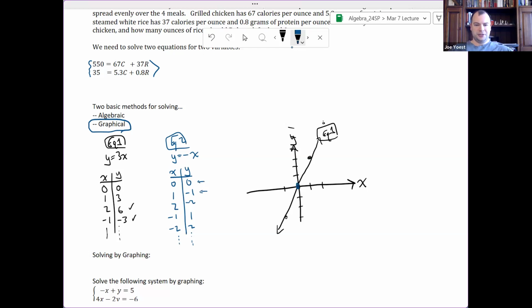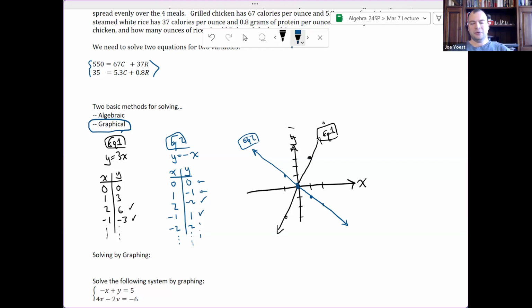It has another point on its curve, 1, -1. And this is equation 2. We see that we also have points like 2, -2, like -1, 1, and so on.